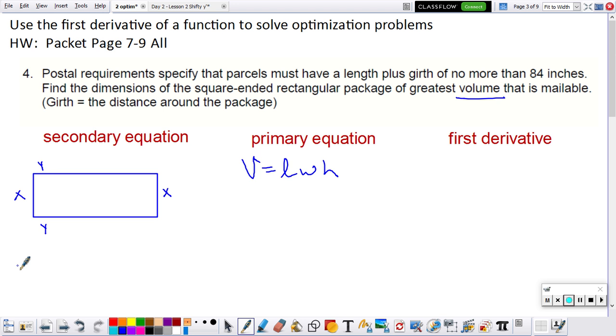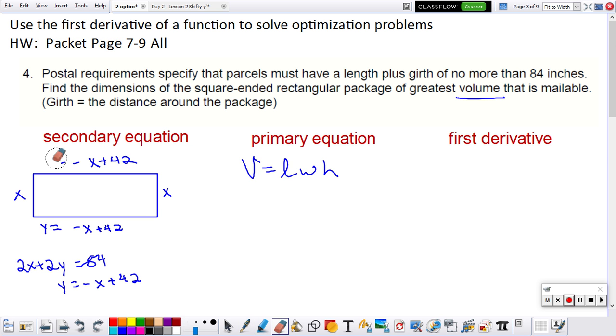All right, so now we've got 2x plus 2y has to add up to 84. If I solve this for y, I would get y equals negative x plus 42. So that's what I'm going to put over here. I'm actually going to even erase the little y equals because they're confusing looking.